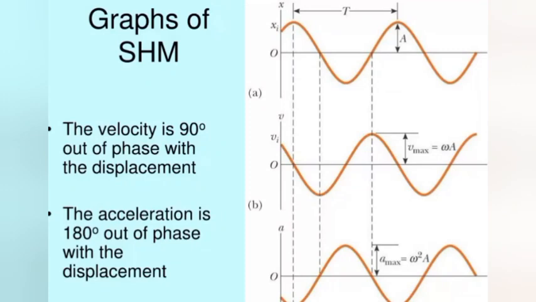T is the period. It's representing the period. Okay, I've understood.